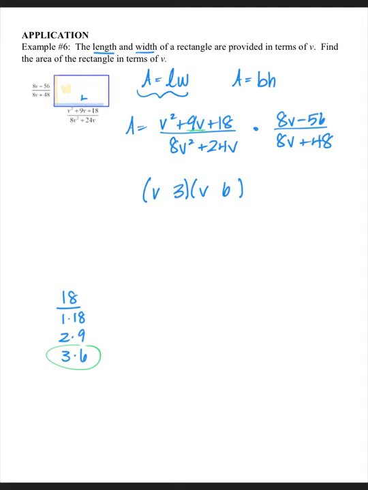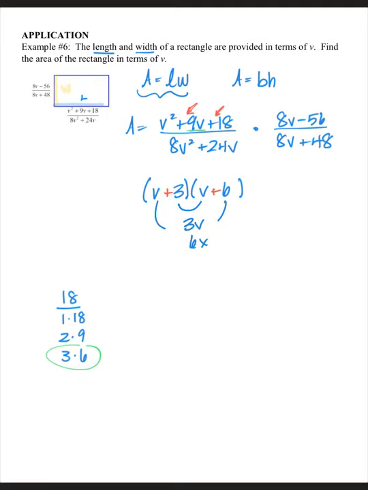I know that they have to multiply to give me an 18, and their sum is going to give me a 9. This means they're going to be the same sign, both positive. All right, let's say I make these both addition, and let's give this a shot. My product here is going to be 3v, and this product is going to be 6v.